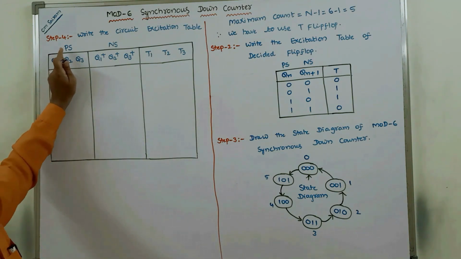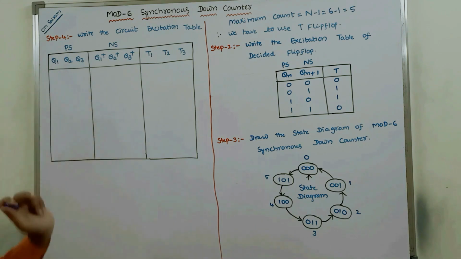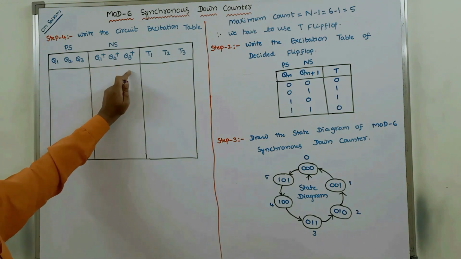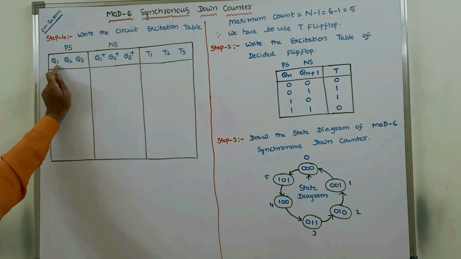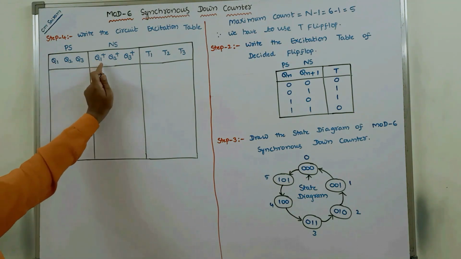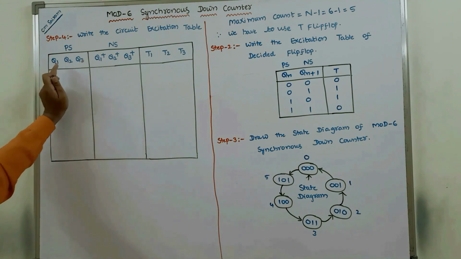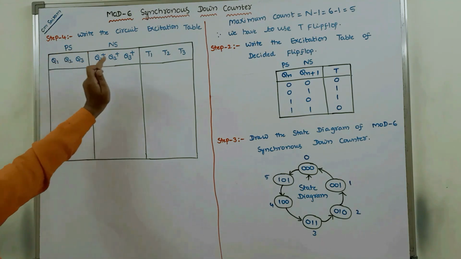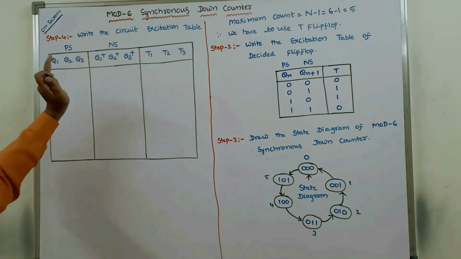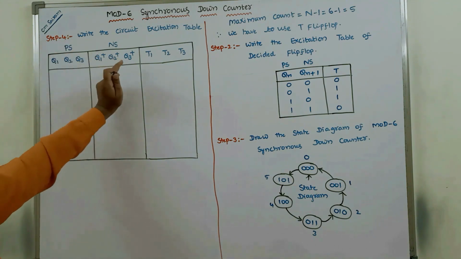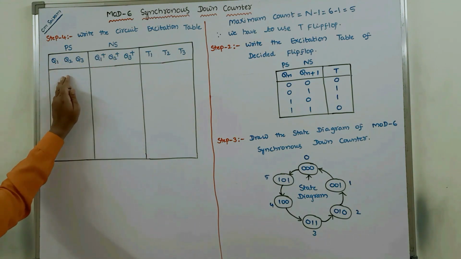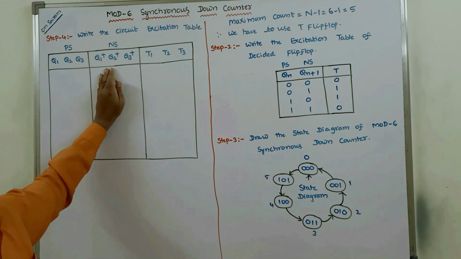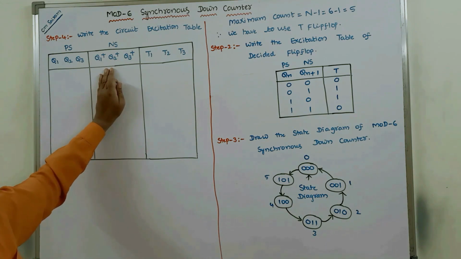In the present state, there are 3 bits, Q1, Q2, Q3. In the next state, 3 bits are there, Q1 plus, Q2 plus, Q3 plus. For Q1 present state, the next state is Q1 plus. For Q2 present state, the next state is Q2 plus. For Q3 present state, the next state is Q3 plus. When the present state is Q1, Q2, Q3, the next state is Q1 plus, Q2 plus, Q3 plus.